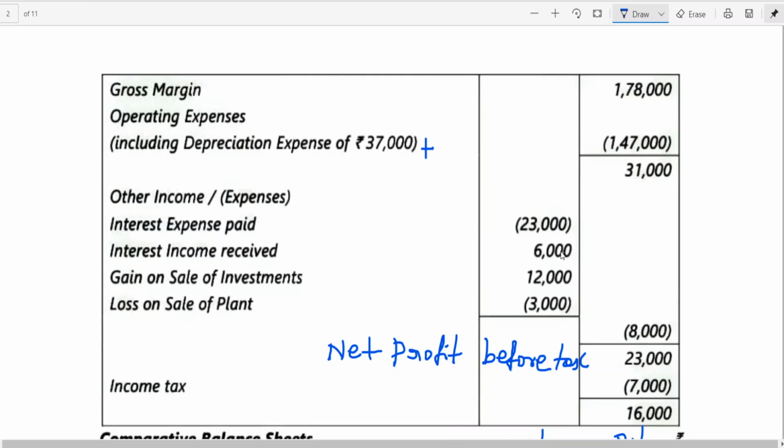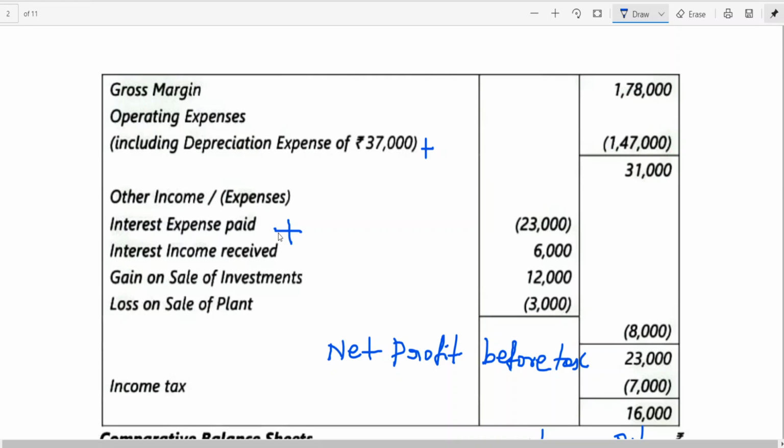Then interest expenses paid is to be added back, because even though it's a cash flow, it will not be considered for ascertaining the cash generated from operating activities. It will be taken to financing activities.